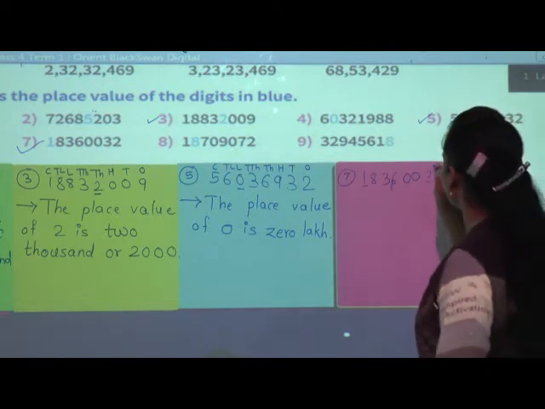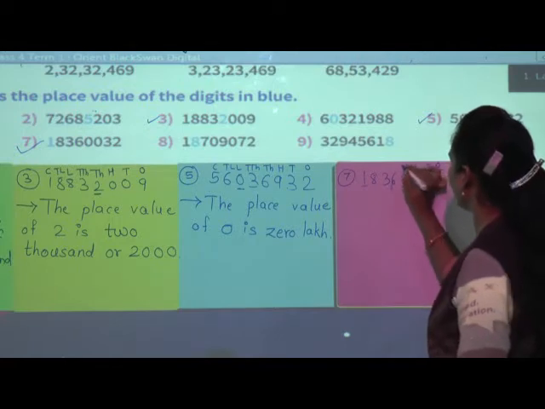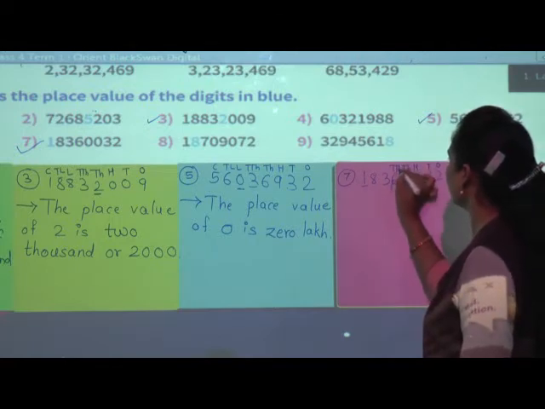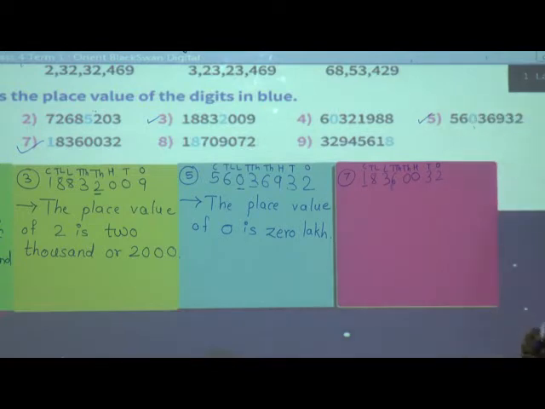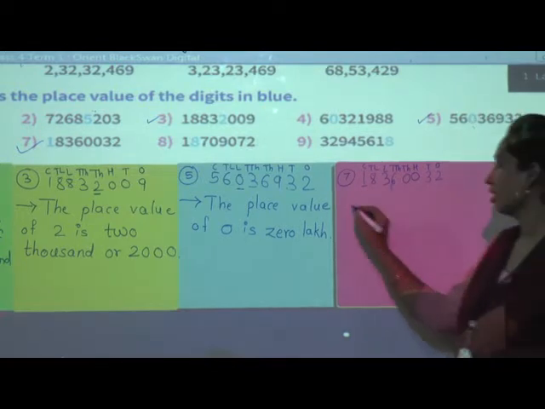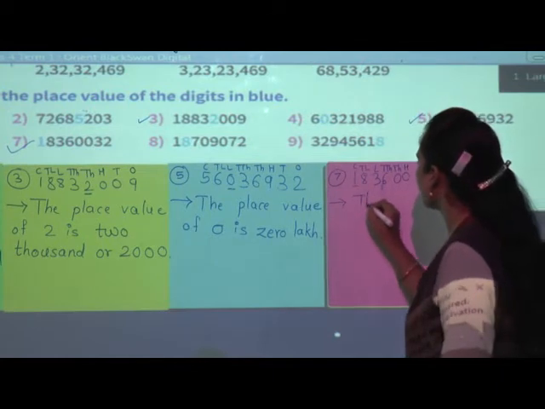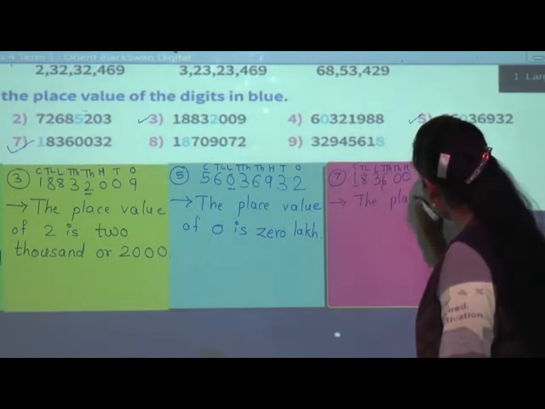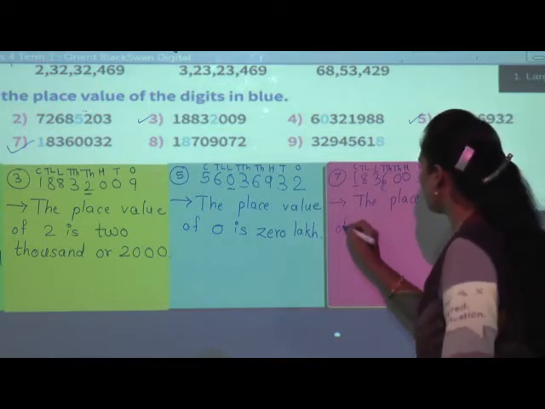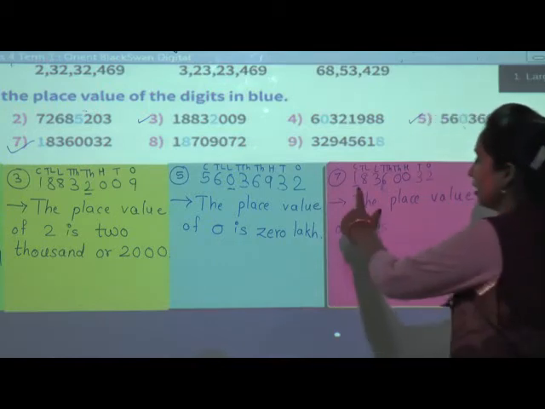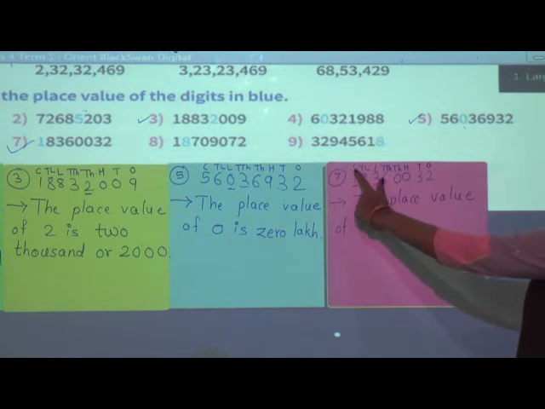So write the place values ones, tens, 100, 1000, 10,000, lakh, 10 lakh and crore. See, an 8 digit number, till crore. So write here first, the place value of 1 is. Where is the 1? Students, tell me where is the 1?